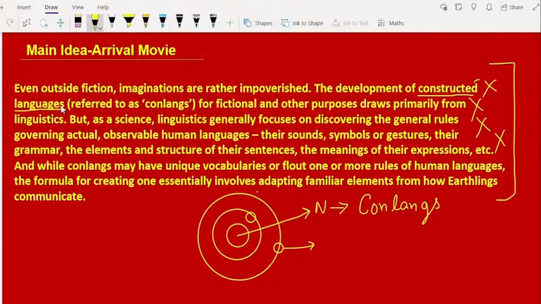We will use fiction or imagination to develop a constructed language, or conlang. In conlangs, even with fiction, we are actually using linguistic patterns only to make a fictional language, and that becomes our limitation.